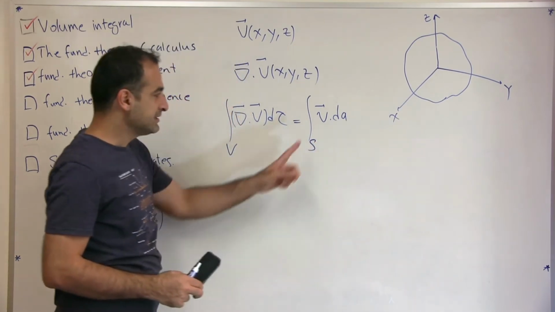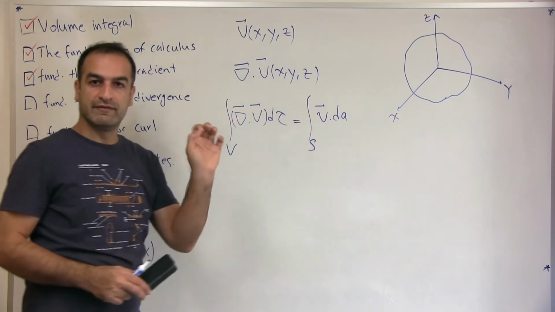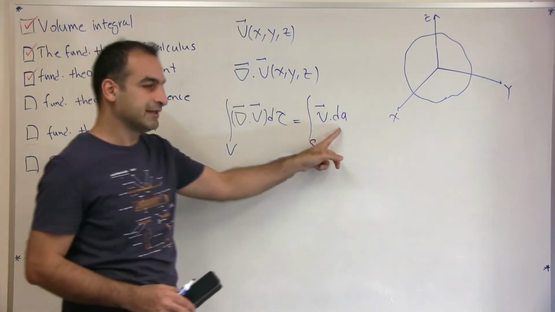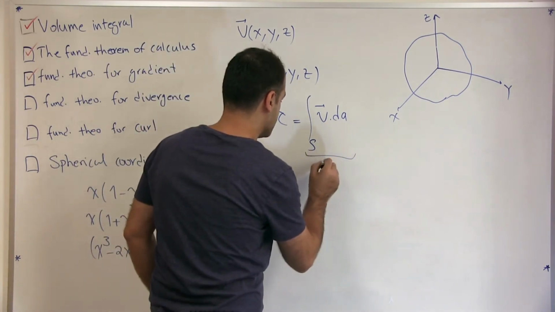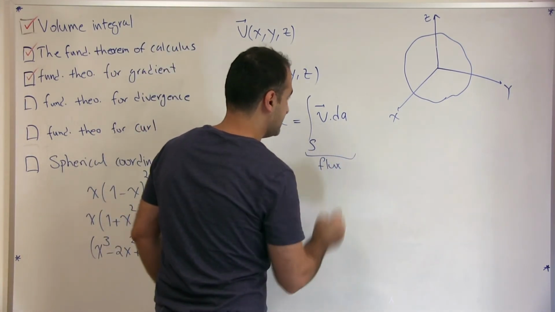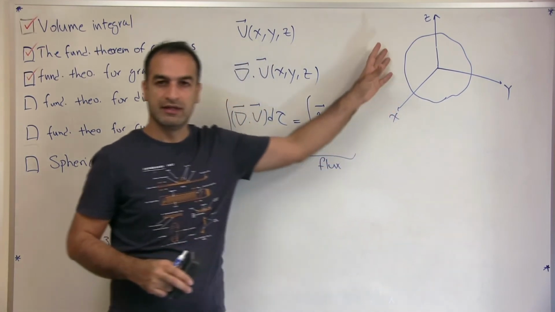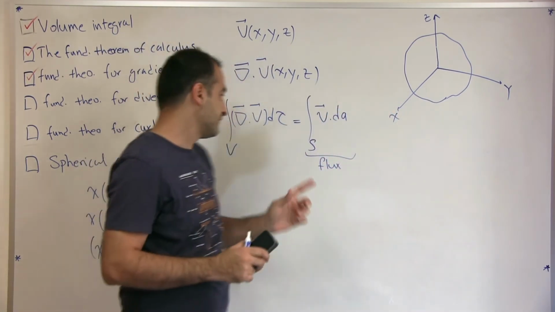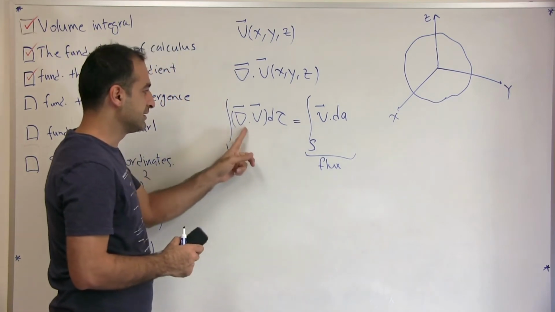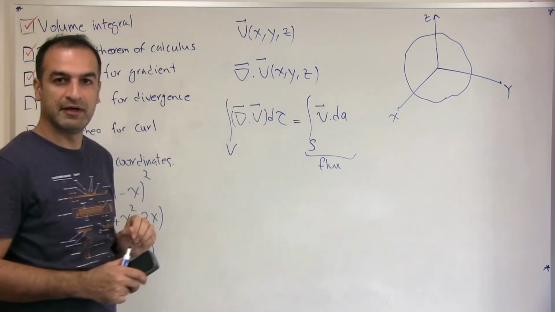This is the integral of the vector function over the area. So in a way, this integral is the flux that passes through the membrane of this shape, and the first is the integral of the divergence over the volume.